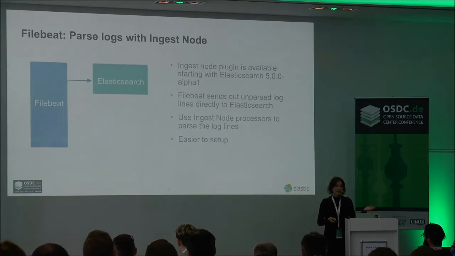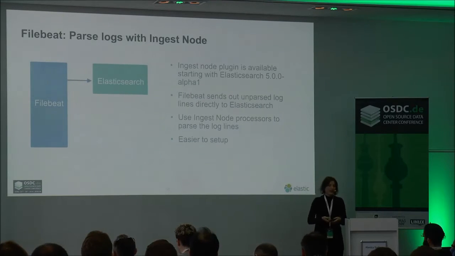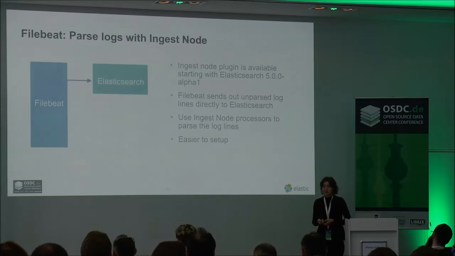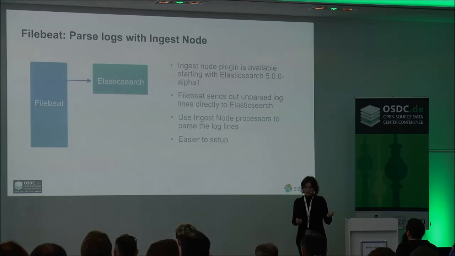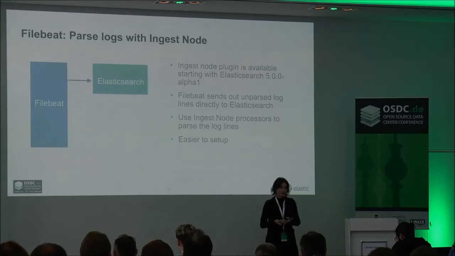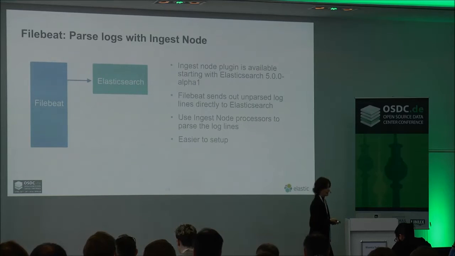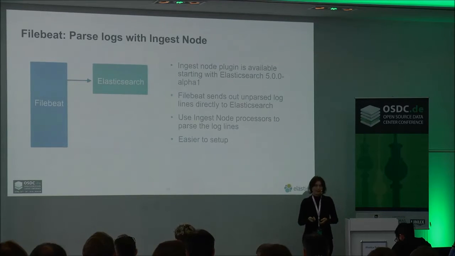In this scenario, Filebeat is sending the unparsed logs directly to Elasticsearch, and you have to configure via REST API processors and filters like GeoIP, mutate, and grok, similar to the ones that you have in Logstash. This scenario is easier in the sense that there are fewer moving parts.